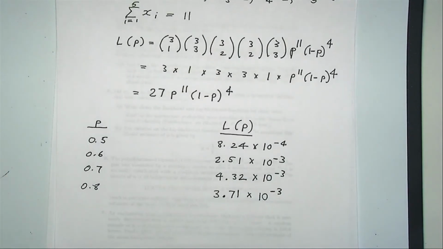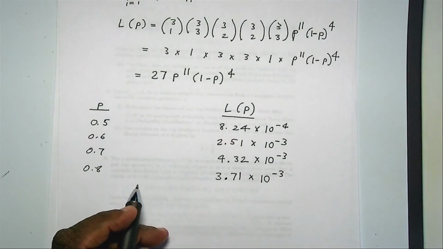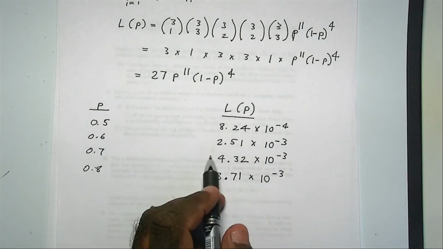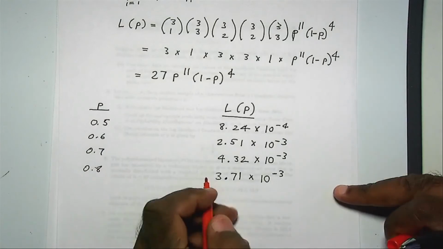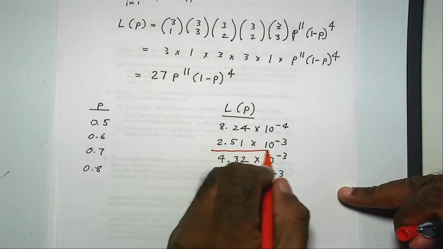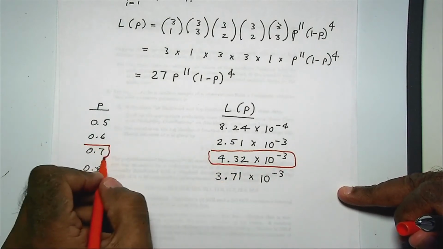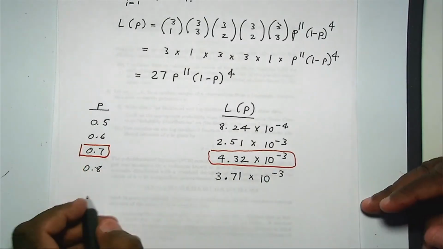Now the question is, which one is the maximum likelihood? Remember, the maximum likelihood estimator is the value for p that maximizes the likelihood value. So in this case, the largest of these 4 values for the likelihood is this one. This is the largest value. So the corresponding p is 0.7.